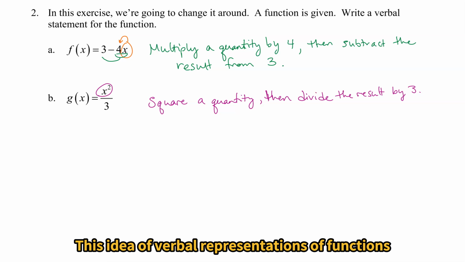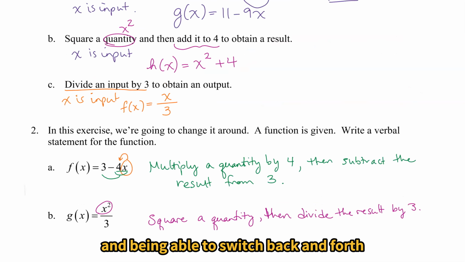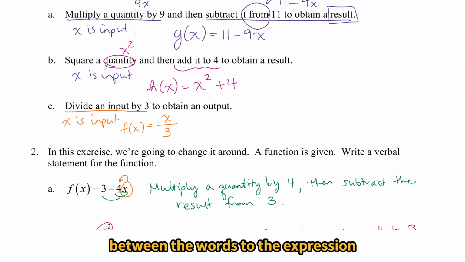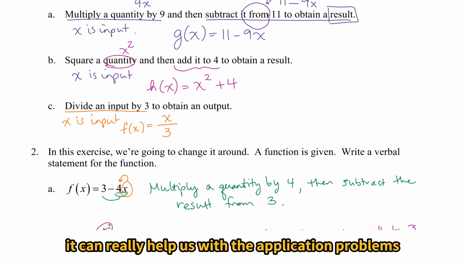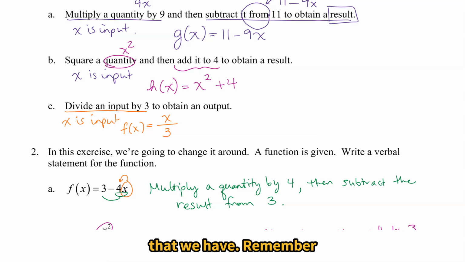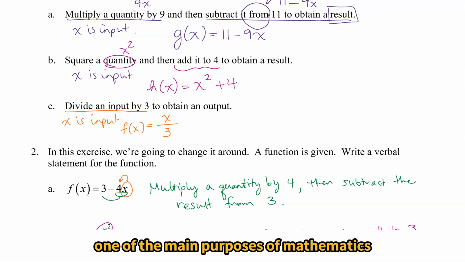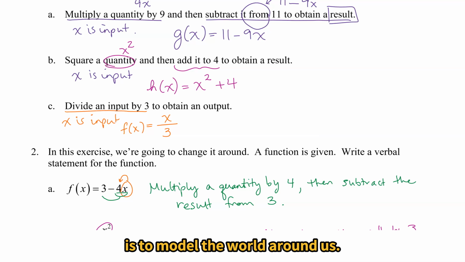This idea of verbal representations of functions, and being able to switch back and forth between the words to the expression or the expression to words, can really help us with the application problems that we have. Now remember, one of the main purposes of mathematics is to model the world around us.